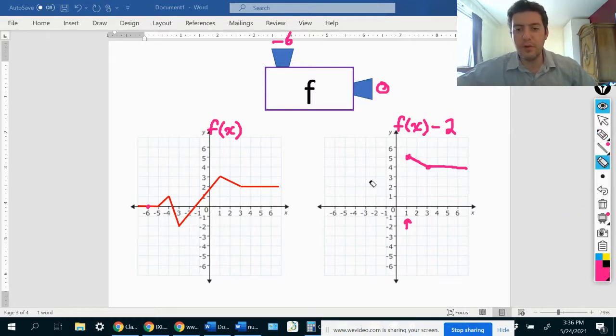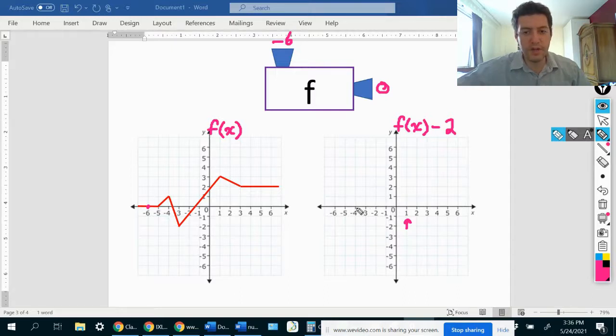Okay, so for example, if we had put the number -4 into the function machine, I know from over here that when I put -4 in, I should get the number 1 out. But then if I subtract 2 from that, I would get -1, because 1 minus 2 is -1.